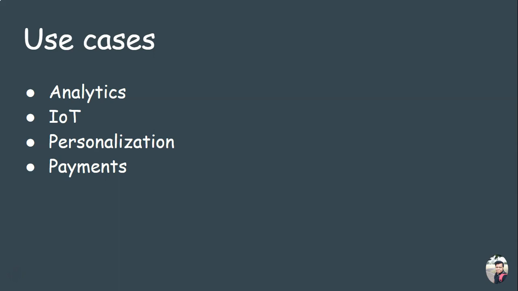Payments. When it is payments today, you see there are a couple of things which are important. One is low latency. The payment should be done seamlessly and in a very fast manner. Then changing compliance. So compliance changes based on geographical region, based on political changes, based on your market demands.